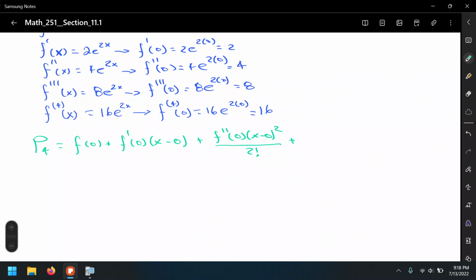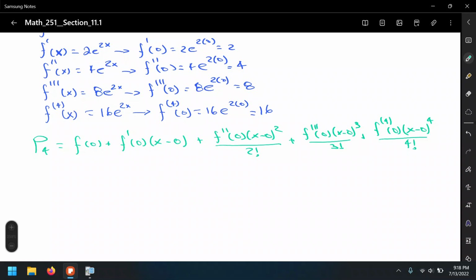And then plus f triple prime evaluated at 0, x minus 0 cubed over 3 factorial, plus f quadruple prime evaluated at 0, x minus 0 to the 4th power over 4 factorial.